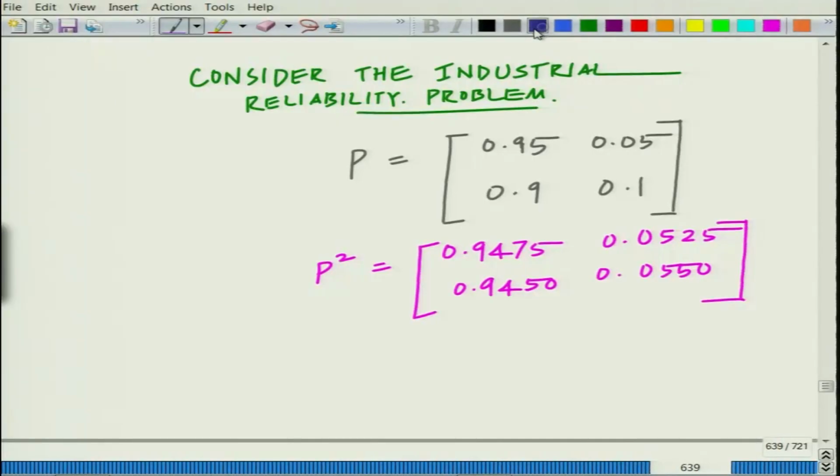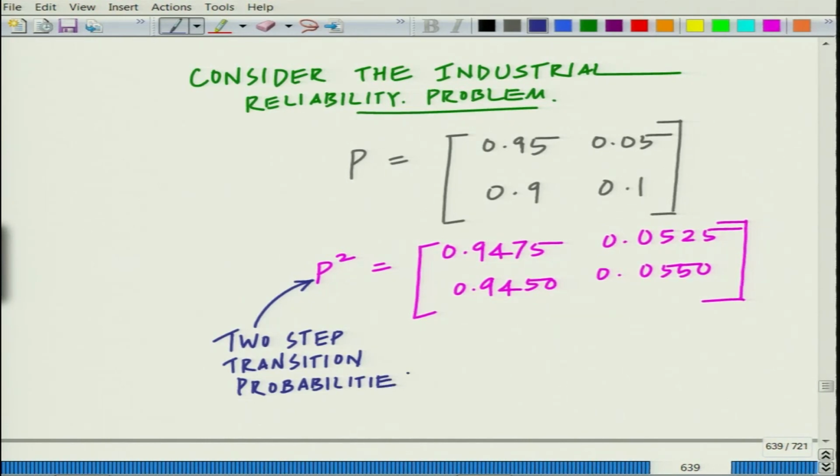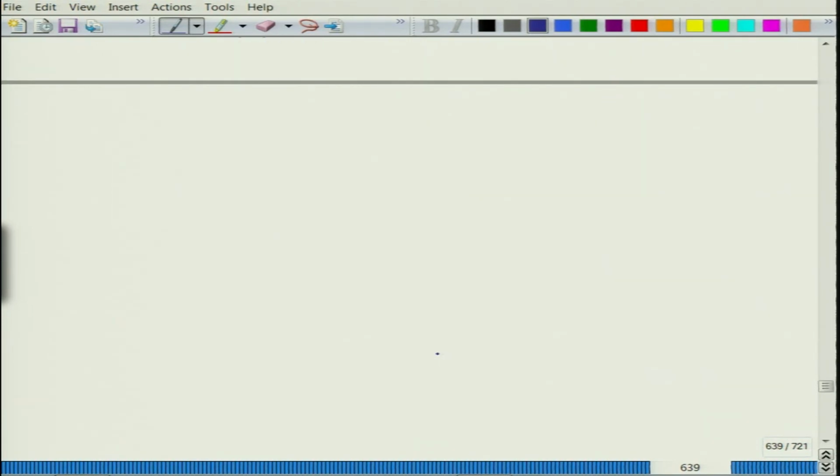So, these are the two step transition probabilities. I hope all of you appreciate that.